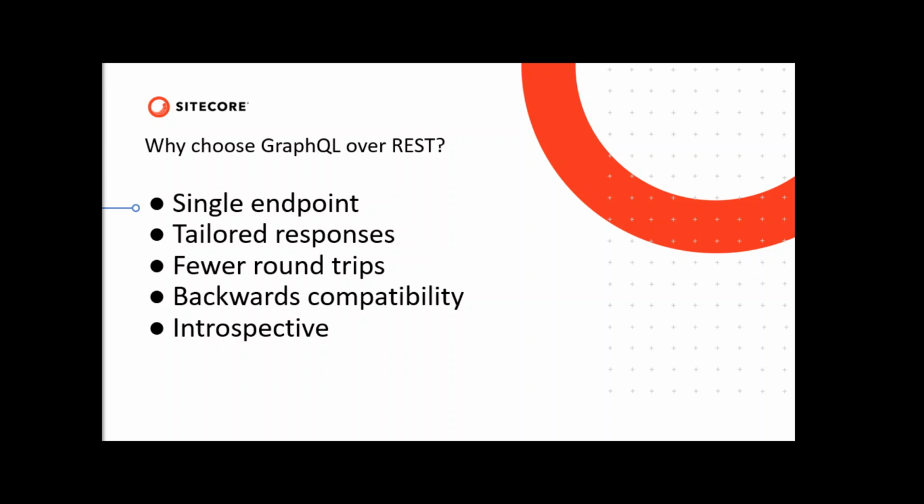And then fewer round trips, in the sense that you don't need to request many times from the endpoint, which makes sense. And then there is backwards compatibility. I'll give some examples for REST. Let's say for example, just now we got authors, right? If you want to add more fields in a REST API, you would need to update the URL.